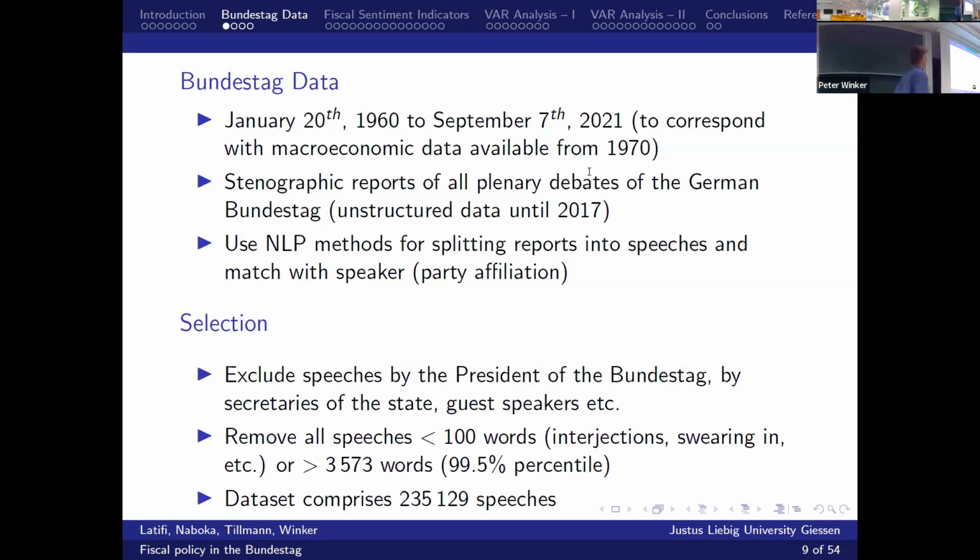Then we excluded some speeches, so we don't care about what the president of the Bundestag is saying, or the secretaries of state or guest speakers, so more formalities. We removed very short speeches, below 100 words, and very long speeches, more than 3,573 words. Yesterday, another PhD student presented her first research ideas, and she also presented this 99.5% quantile.